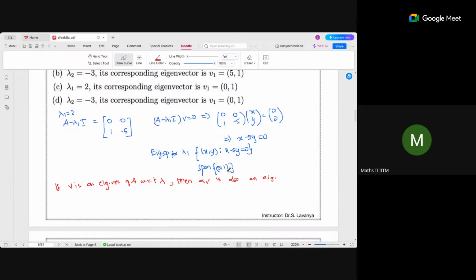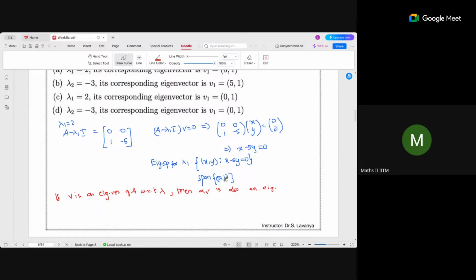So if 5 comma 1 is an eigenvector, can I say minus 5 comma minus 1 is also an eigenvector? Yes. You can take any non-zero vector in this eigenspace, and that will be an eigenvector, not necessarily 5 comma 1.